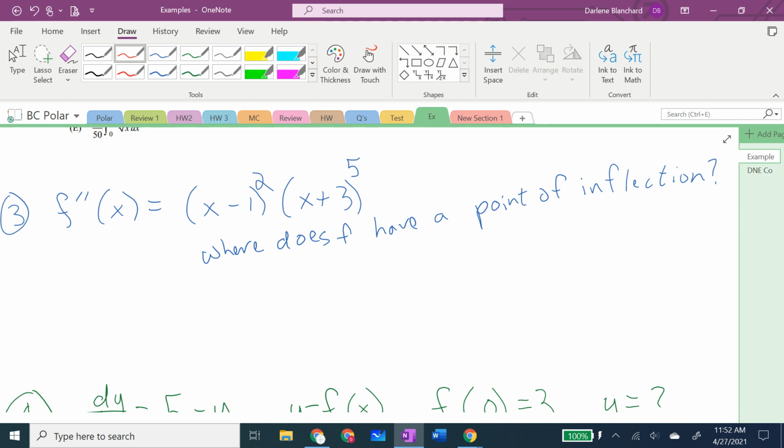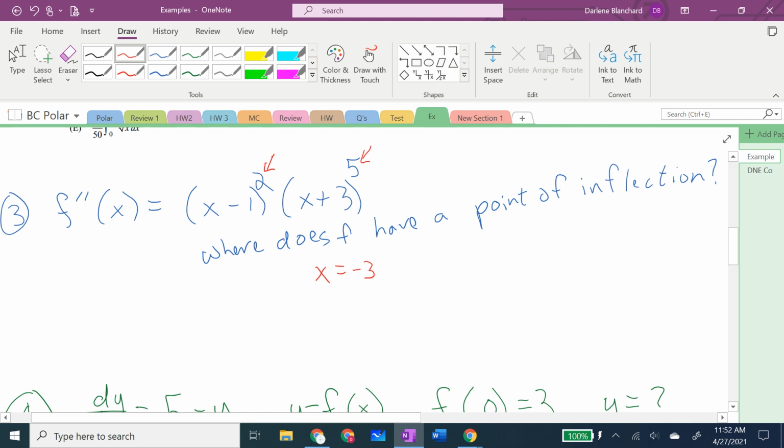For a point of inflection, yes, you're getting second derivative equal to 0, and maybe undefined. But you have to make sure there's a sign change. Because of this squared, you don't get a sign change at x equals 1. X equals 1 is not a point of inflection. With the odd exponent, you will get a sign change at x equals negative 3.